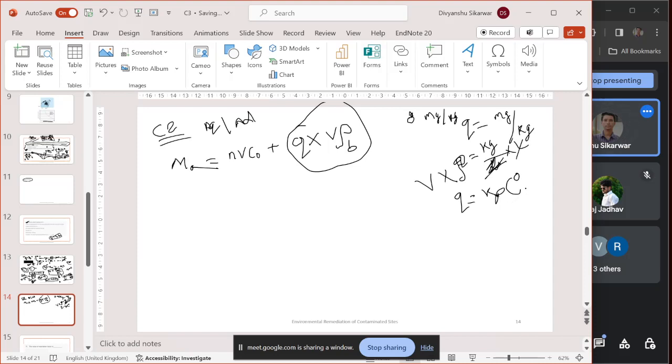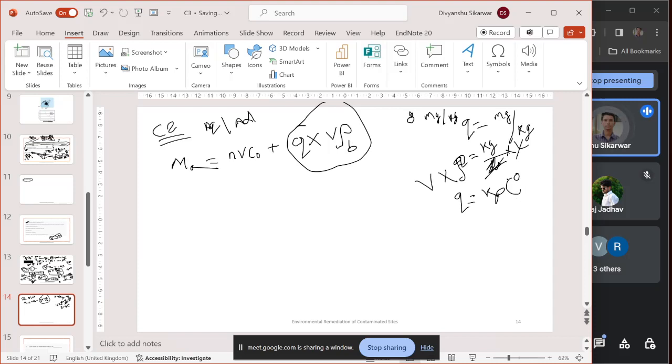C naught is basically the concentration present in aqueous groundwater, what is the concentration of contaminant in groundwater in aqueous form, and Kp is the partition coefficient. So based on that interface only, there will be a concentration in water.